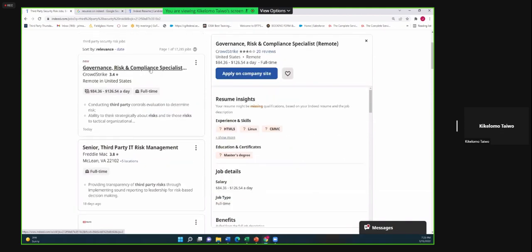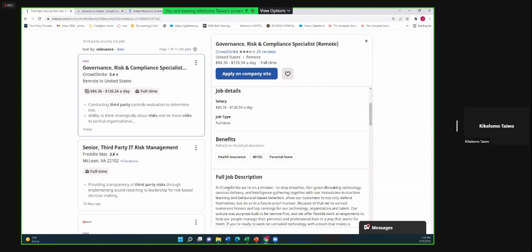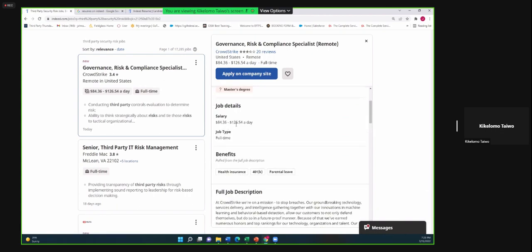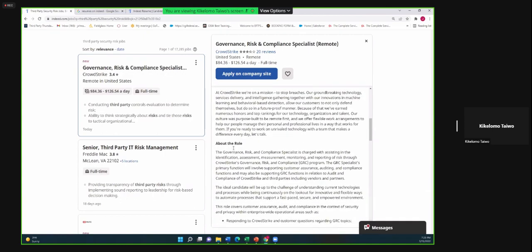So like this job, you can apply to this today. Look at this today. If I look at the GRC and compliance, I look at the job review. So you're paying 84 to 126 a day, not a day. That's a mistake. This should be like $84,000 to $126,000 a year. So anyway, I want to look at the job description to see if it carries anything related to third party.